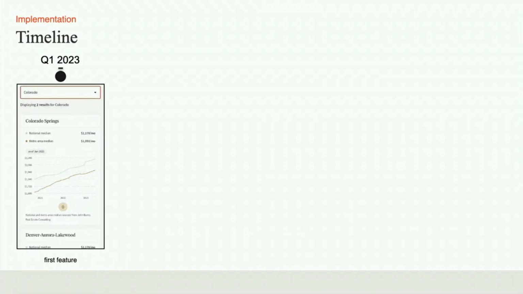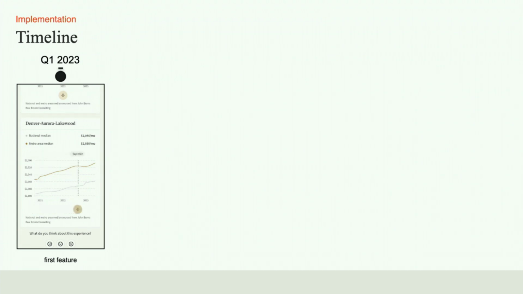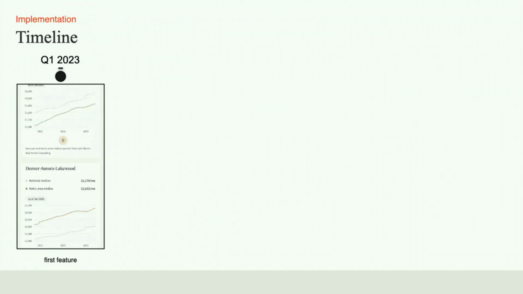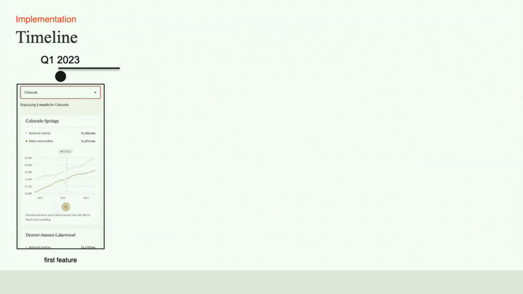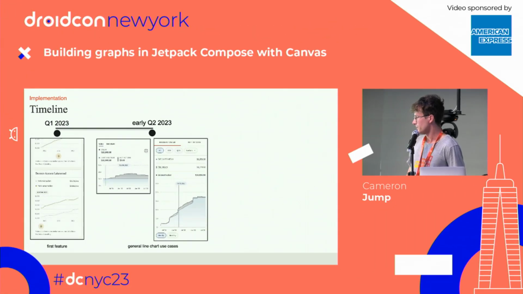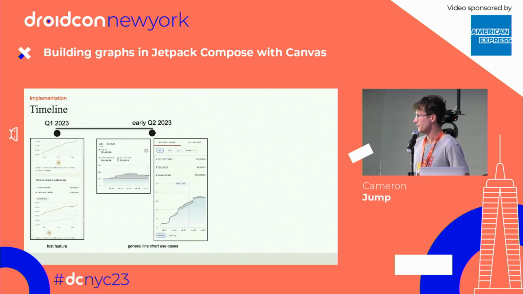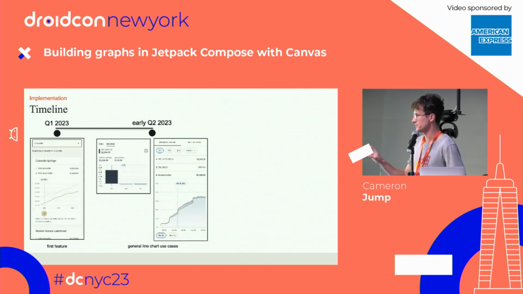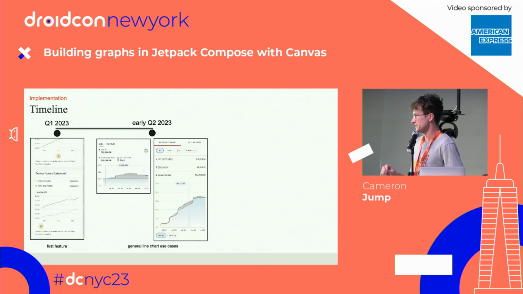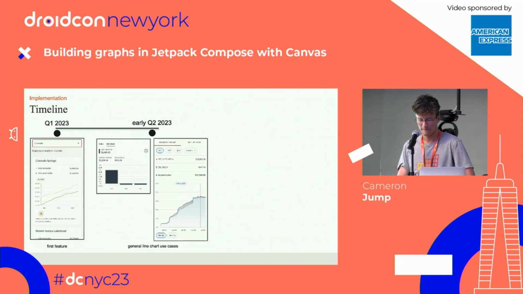So this feature that we had to build started in the first quarter, and got that built out. Going into the next quarter, we had more line chart use cases in our app, and so made modifications from the single feature line chart to be able to support the different variations, and that went through the design we talked about just now.